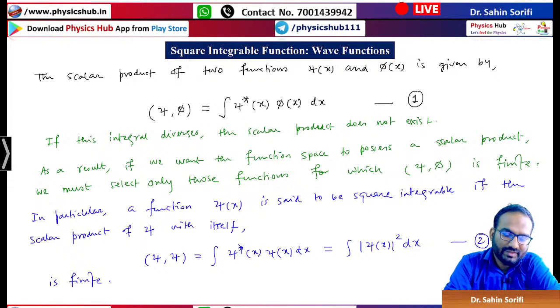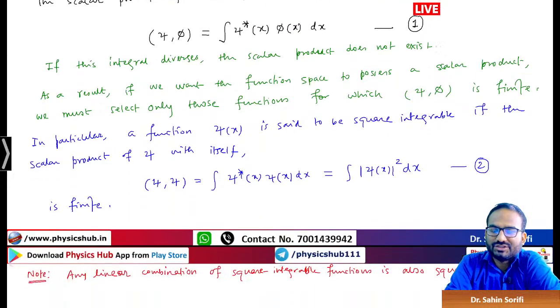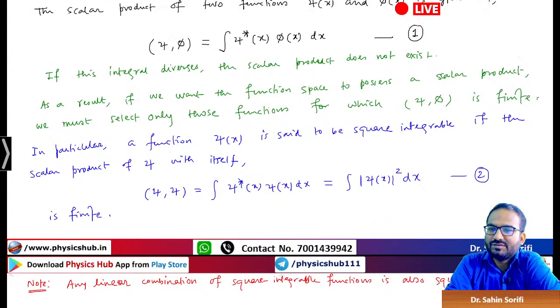Now we have talked about the wave function. The wave function must satisfy this property, meaning the wave function psi of x must be square integrable. The best example of a square integrable function is the wave function.